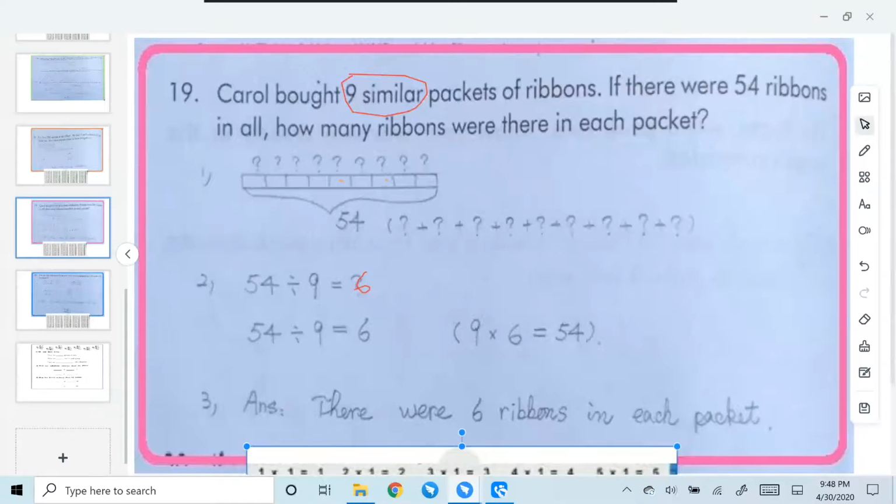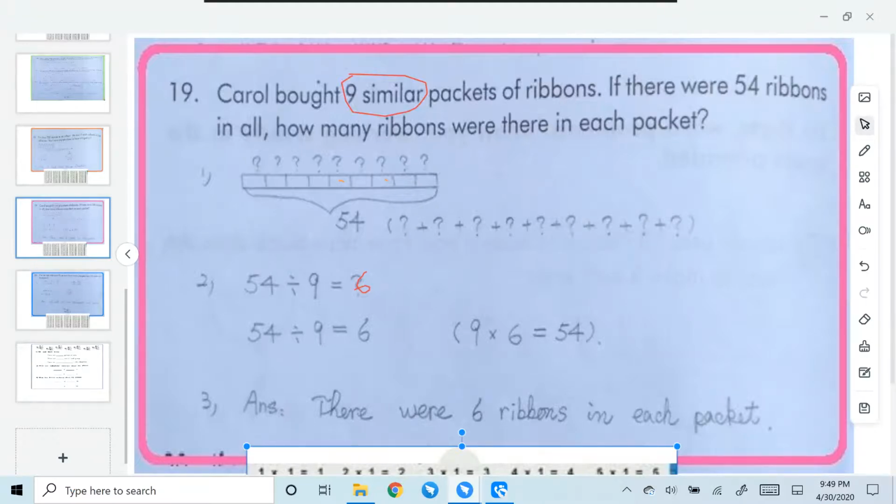The answer is there were 6 ribbons in each packet. That's just a division, opposite to multiply. So you need to remember the timetable. Then it will help you to think backwards.